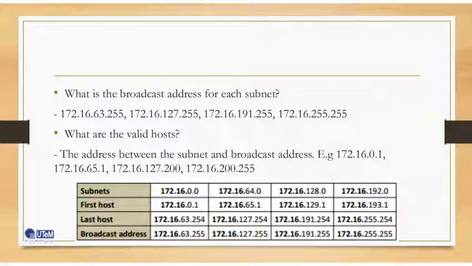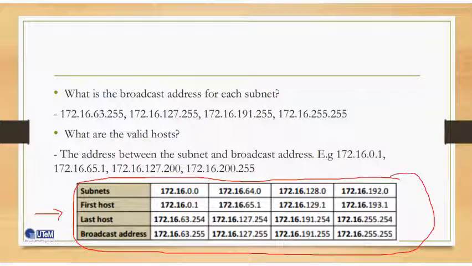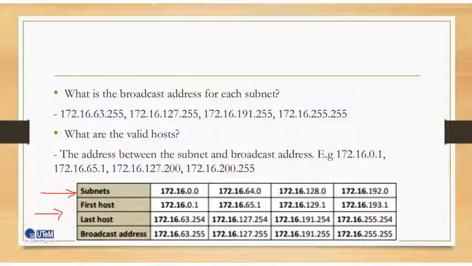Okay, so we can make it simple by using a table to show the answer of network address, subnet address, the broadcast address, the first host address and the last host address.